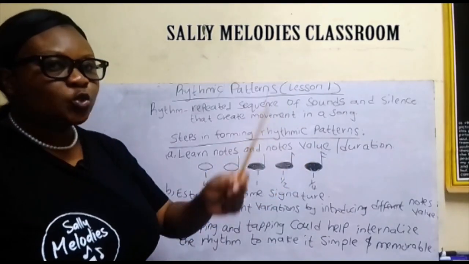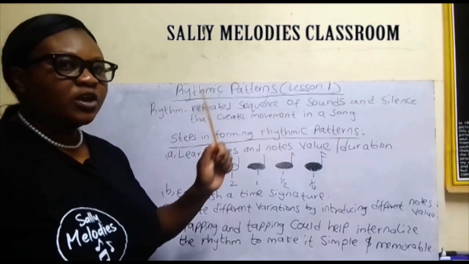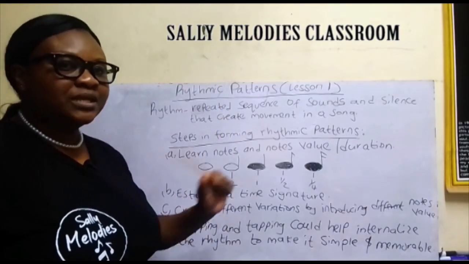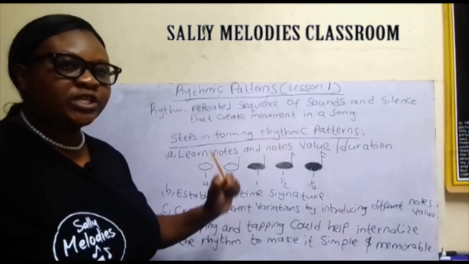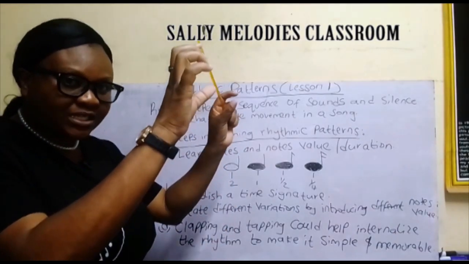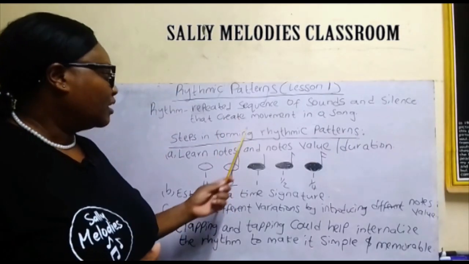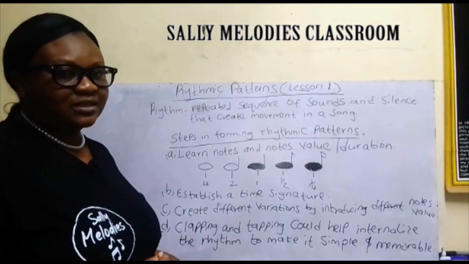If you have a 2/4 time signature, it means that you have 2 crotchet beats in every bar. You can take those 2 crotchets and then you start creating rhythmic patterns.